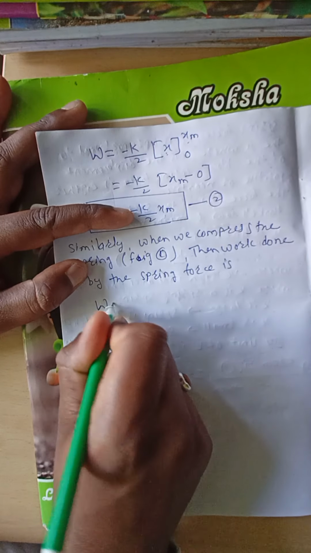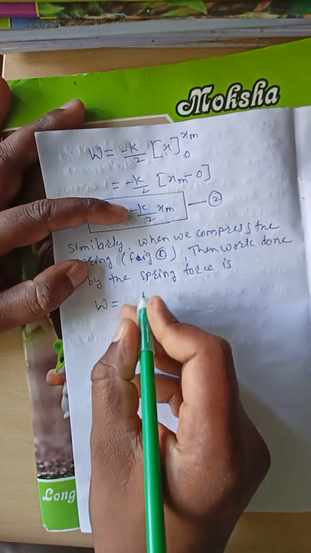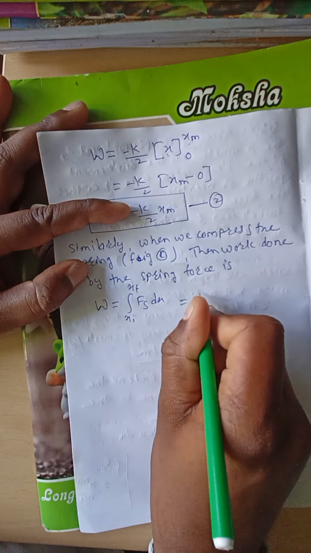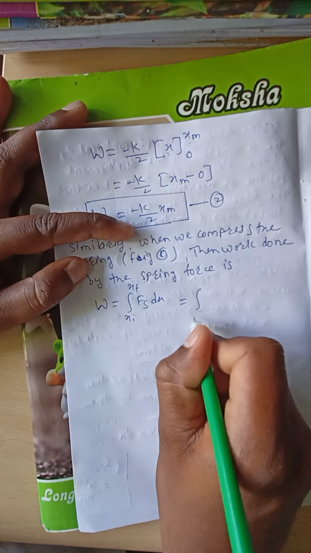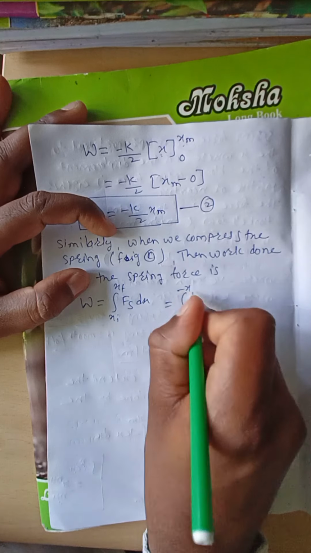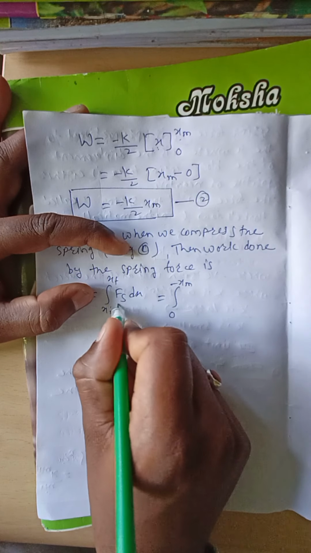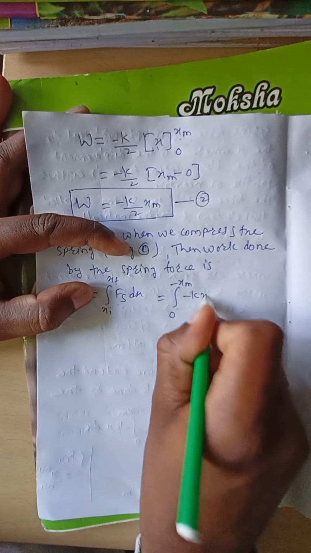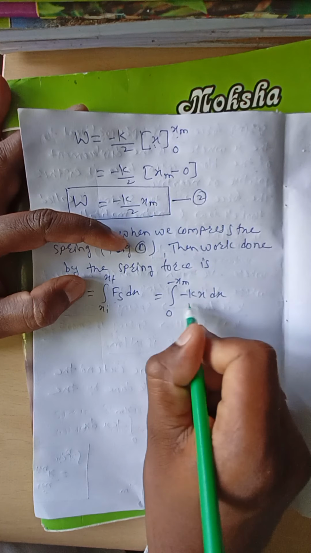Therefore the work done by the spring force, W, is equal to the integration of Fs into dx, from the initial position to the final position. This is equal to the integration from 0 to minus xm of Fs, which is minus kx, into dx.